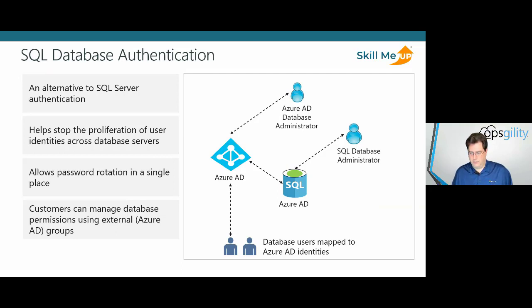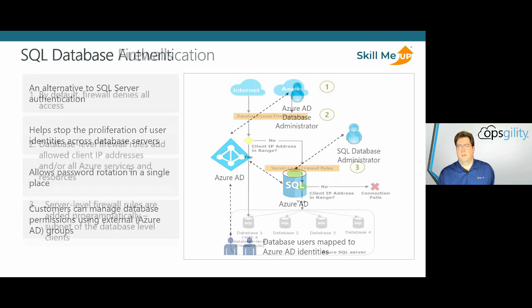So keep in mind that you utilize different identities at different levels. You also can have a level inside the database. When you go into the actual database, you can utilize your Azure credentials to configure and to authenticate to your database and to work in your database as this SQL database administrator.